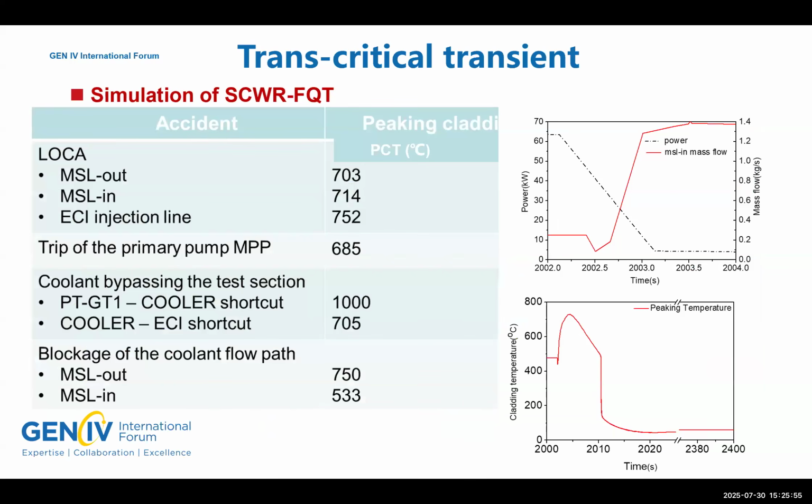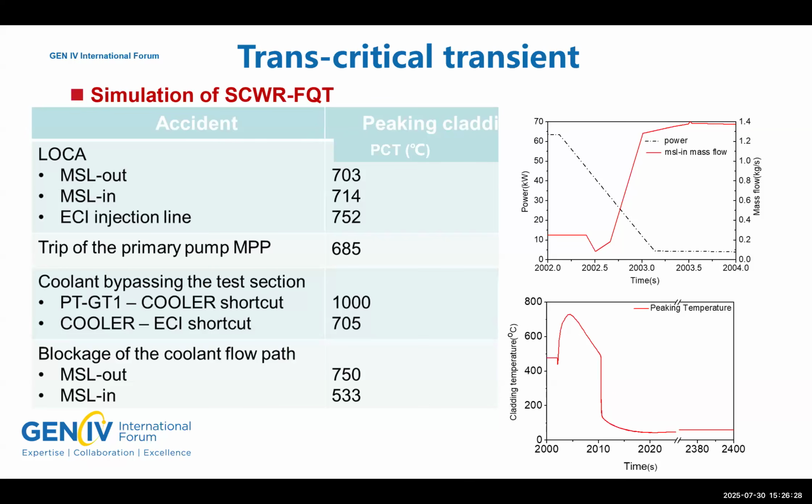And here you will see that we perform the different LOCAs. I mean, the inside LOCA, a cold leg or hot leg LOCA, and also the trip of the primary pump, and also some bypass of the test sections or the blockage of the coolant flow rate. And then you can see the design criteria for the peak cladding temperatures of the fuel rod models.